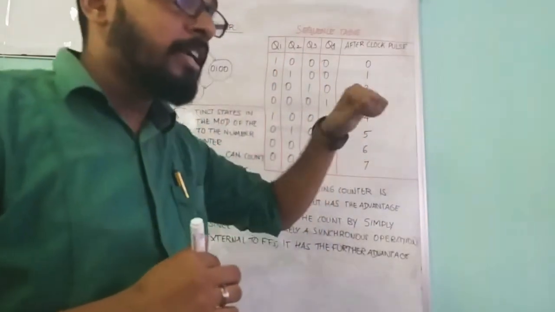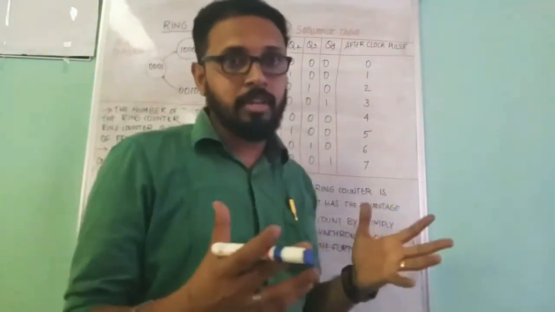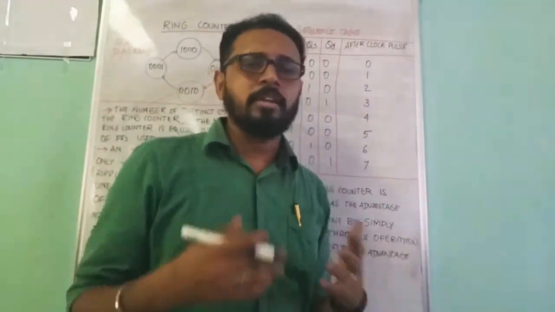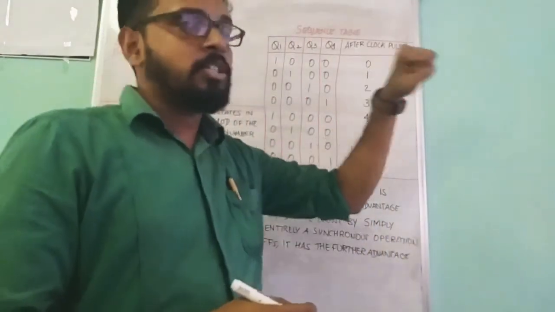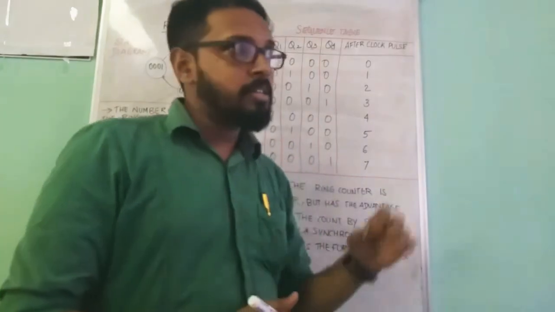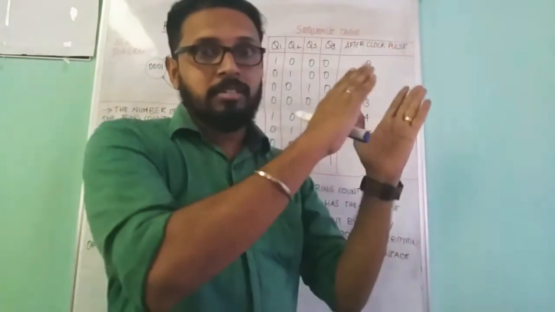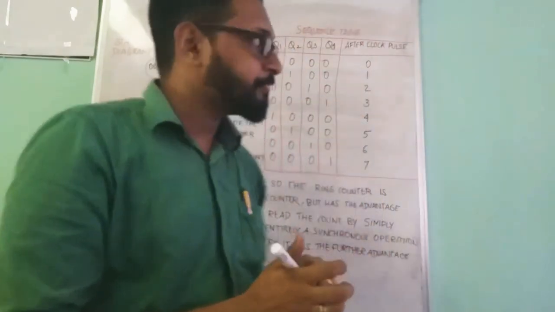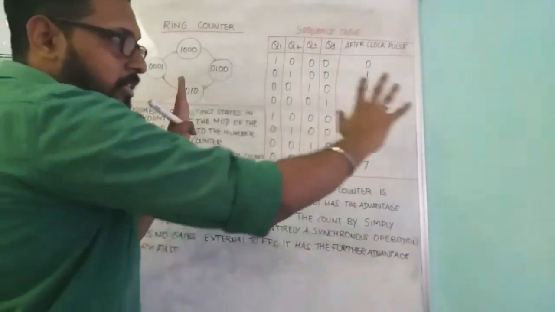The clock used here is based on negative edge triggering; you can give positive edge triggering as well. On the application of each clock pulse, that particular 1 value will be shifted right. So we have 4 flip flops: first is 1, rest is 0.